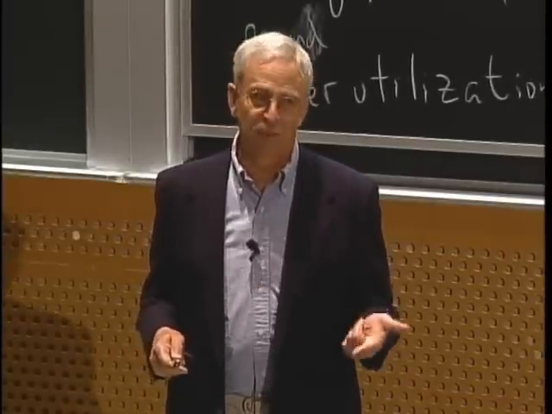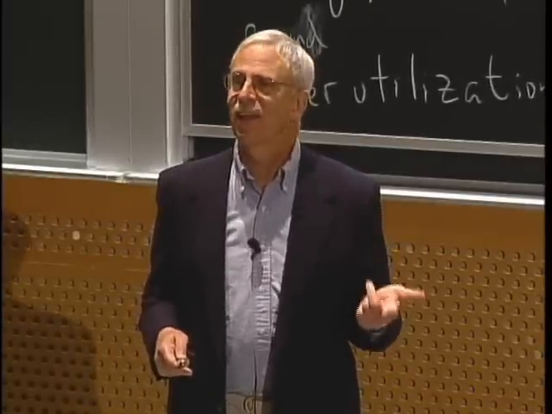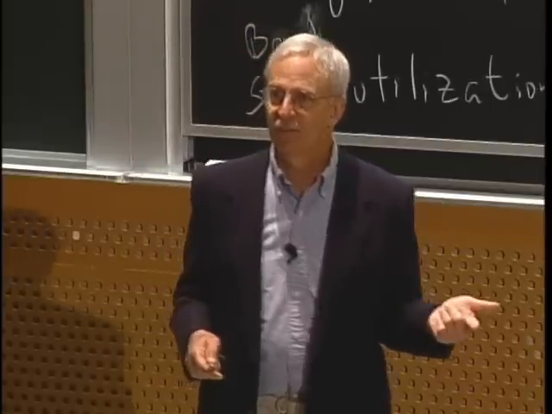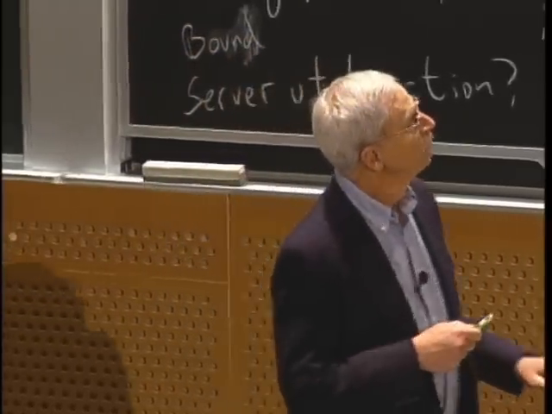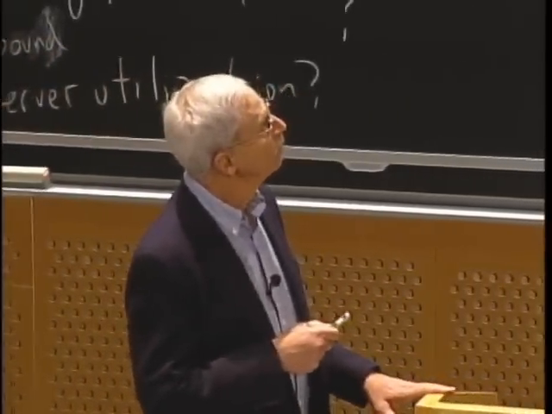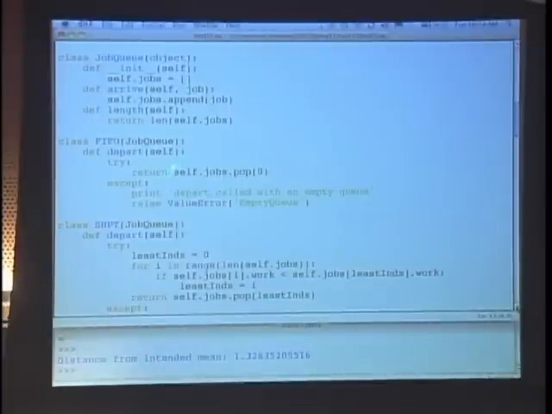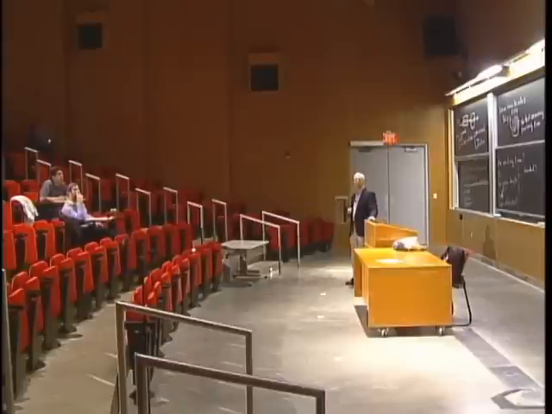And the queuing discipline typically has to do with how jobs leave the queue. So there's a FIFO discipline, pretty simplistic. It just removes the first item from the queue and returns it. Raises an exception if you try and remove something from the queue when there's nothing there.